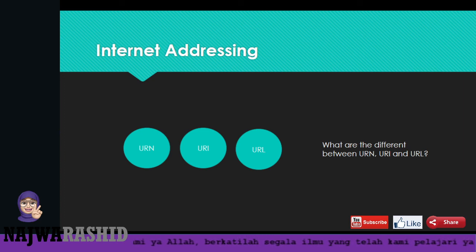URI is the identifier that represents the content of the book. General, generic, globally unique. Okay. And then URI, it will find and identify the content of the book. URL helps you to identify the location of the book. So those are the differences between the URL, URI, and URN.